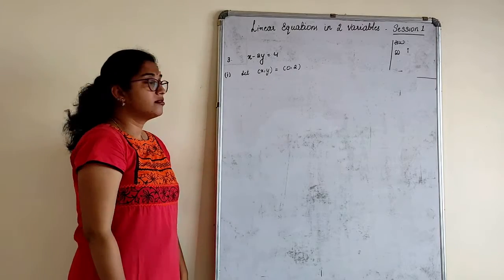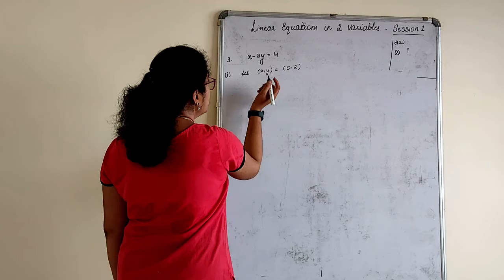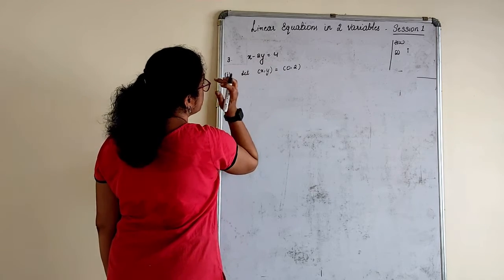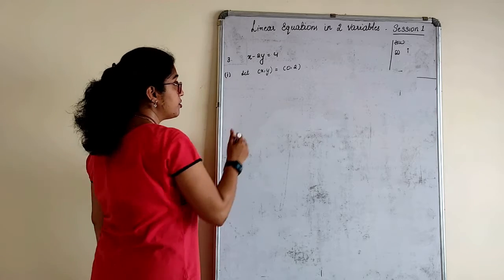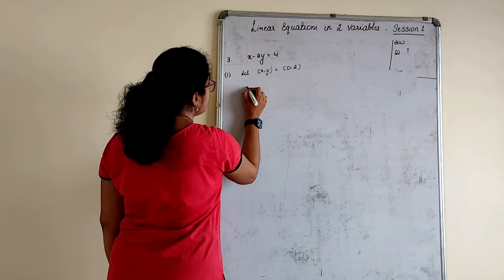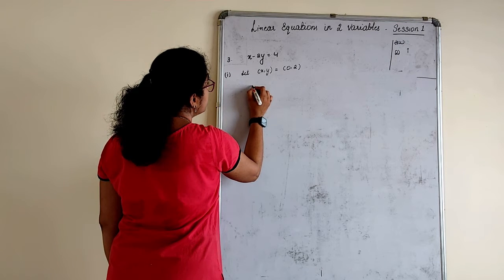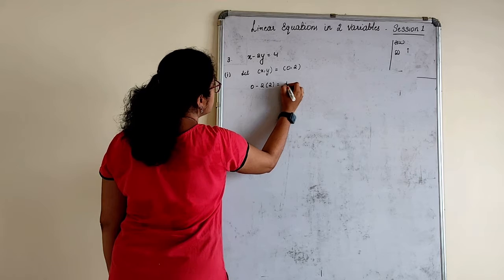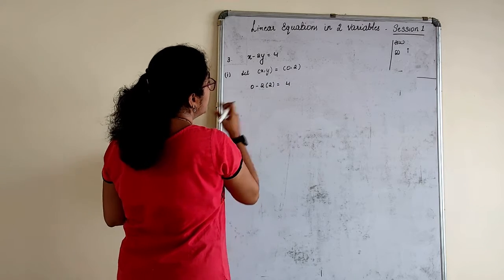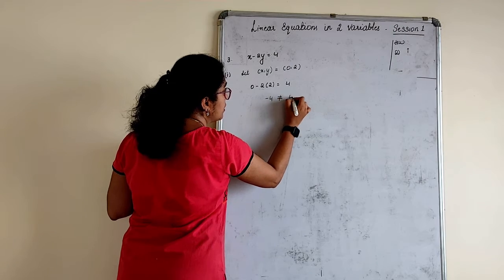The coordinates they have given are the coordinates for x and y, 0 and 2. Wherever we have x, we'll put 0, and where we have y, we'll put 2. Let's see whether LHS is equal to RHS or not. Directly we'll solve here. 0 minus 2 into 2 should be equal to 4. What are we getting? Minus 4 is not equal to 4.